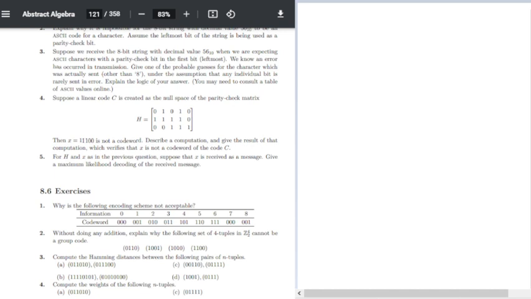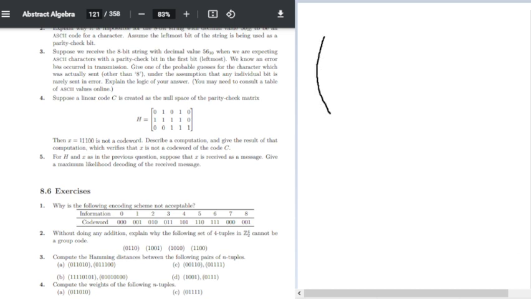Describe a computation with results that verifies the parity check matrix. Let me think of how they want to do this. Oh wait, no, yeah, actually, wait, what am I thinking? Yeah, we would literally just do a computation.